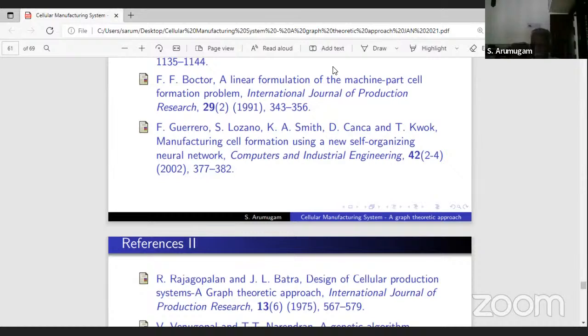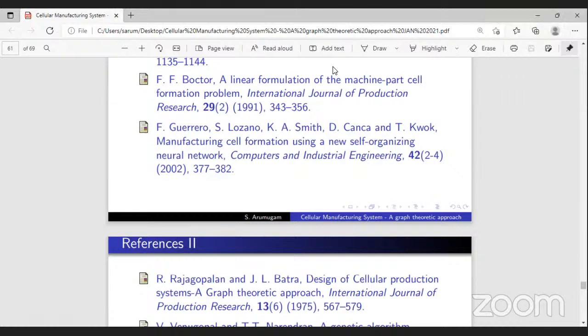Traveling salesman problem is 100% a graph theory problem. It's a difficult problem. Finding a Hamilton cycle is a very difficult and unsolved problem. Transportation problem can also be formulated in terms of graph theory. So many problems you can.